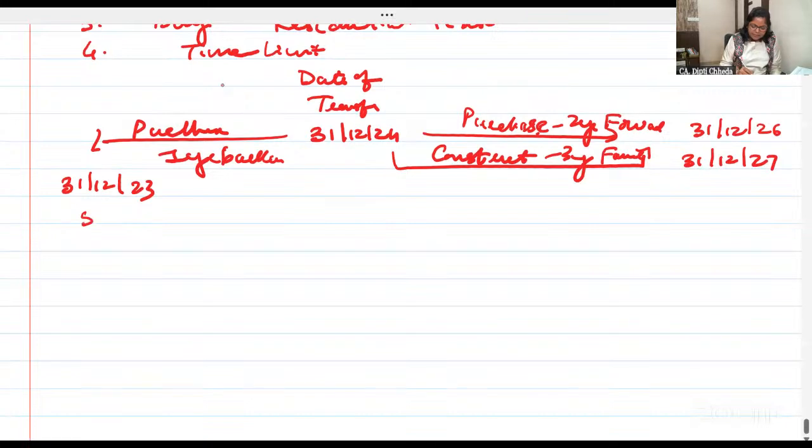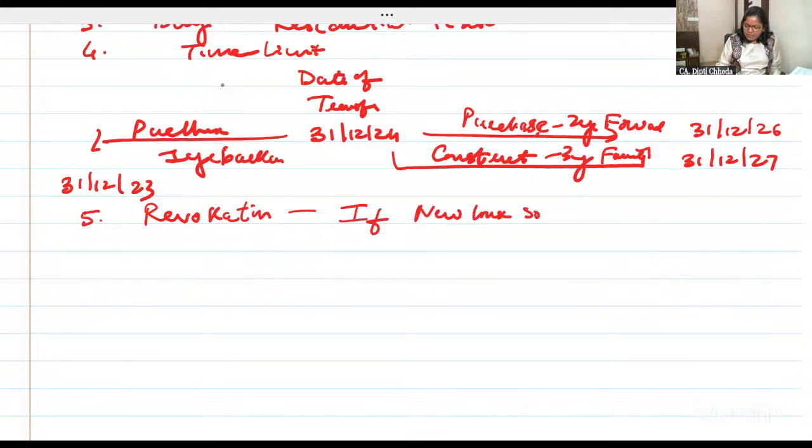Next point. Revocation. Revocation मतलब taxable हो जाएगा if new house is sold within 3 years. If the new house is sold just within 3 years, then it's revoked.